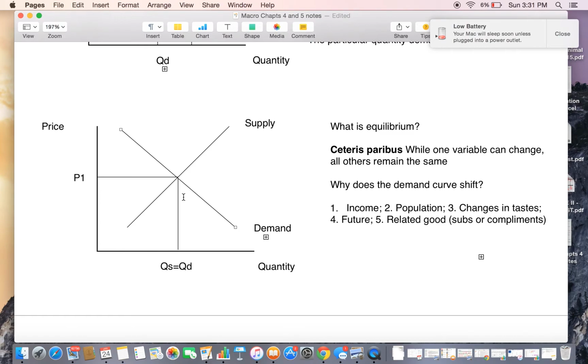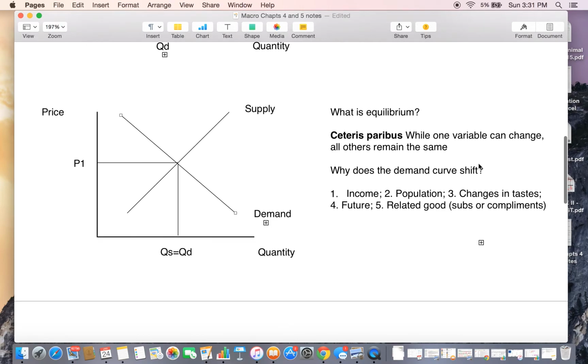But now we have to kind of put on the supplier's hat and look at this situation from their perspective. So, from the producer's perspective, there are several reasons why the supply curve can shift. Again, these are very, very helpful to have for your final exam.